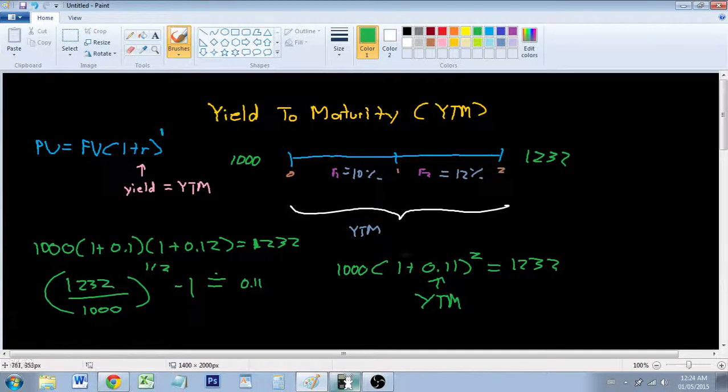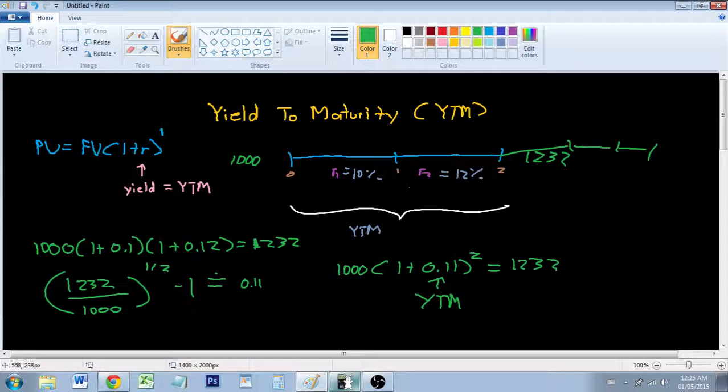It's a number that if we stick in $1,000 at this interest rate for this entire duration of time, we'll get this amount of money. So that's what the yield to maturity is, and the relation to yield. Yield is just an interest rate over a single period, and yield to maturity is just the interest rate over the entire duration of however many time periods you have. It could go on and on and on.